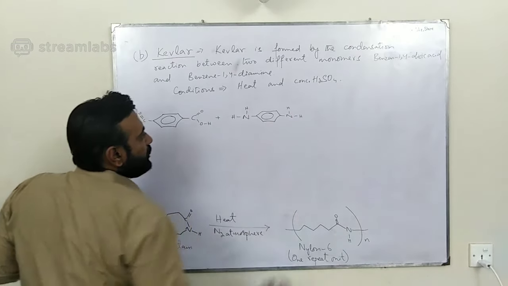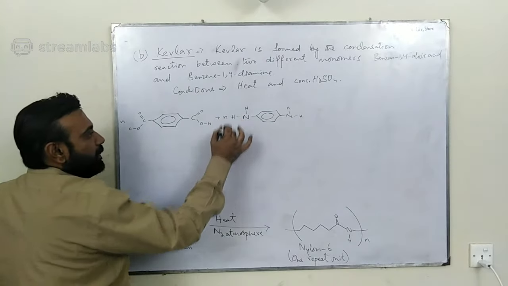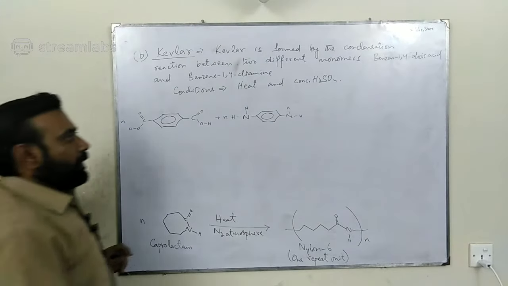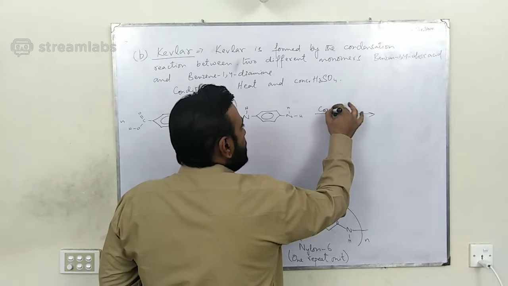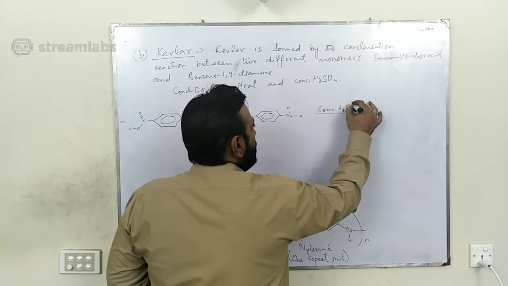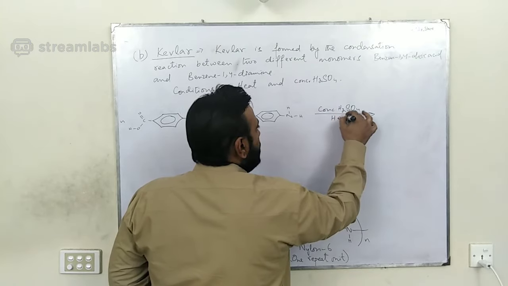And this is a benzene 1,4-diamine, and there would be n number of such molecules. Again, the reaction will proceed in the presence of concentrated sulfuric acid, and heating would be required.